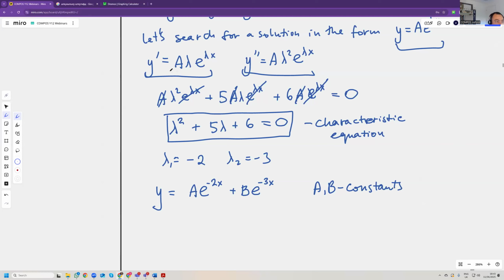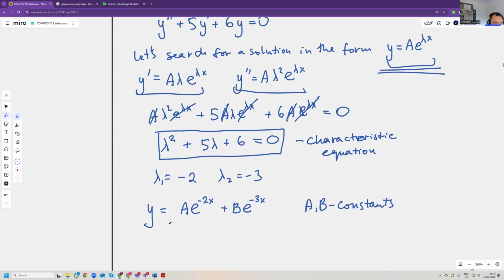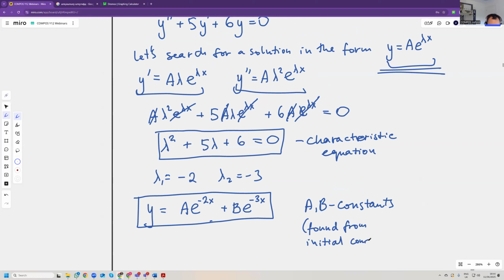Because we found the solution, both of them are solutions. Okay? And then you can find A and B by applying the initial conditions.